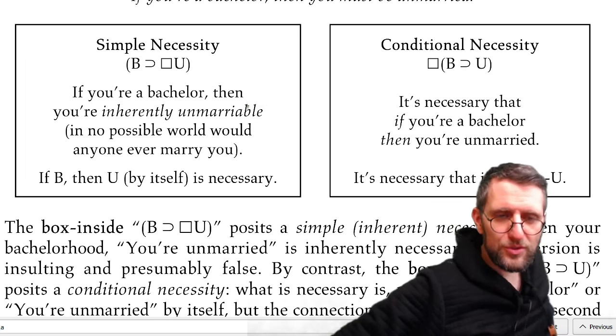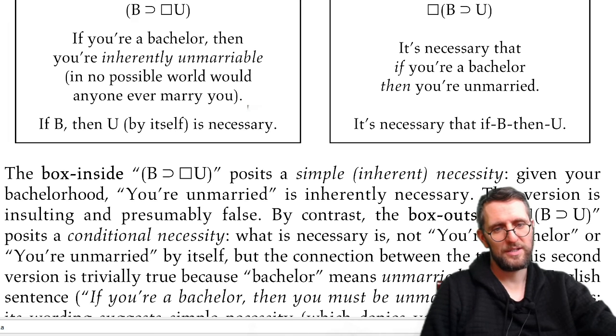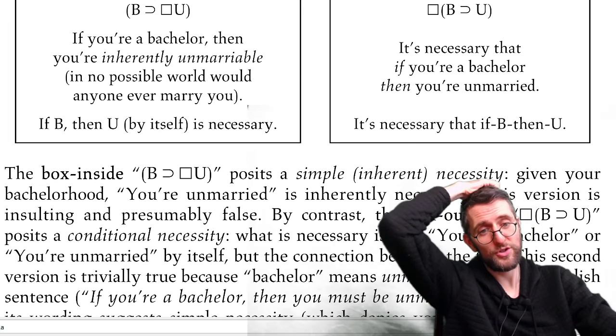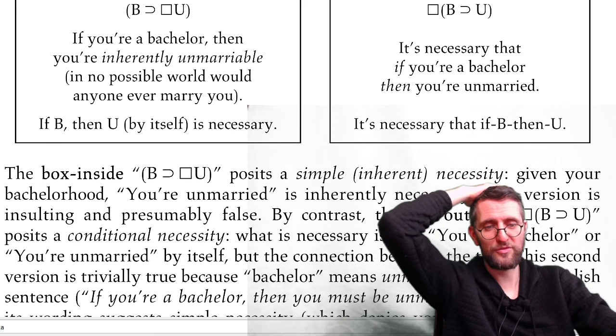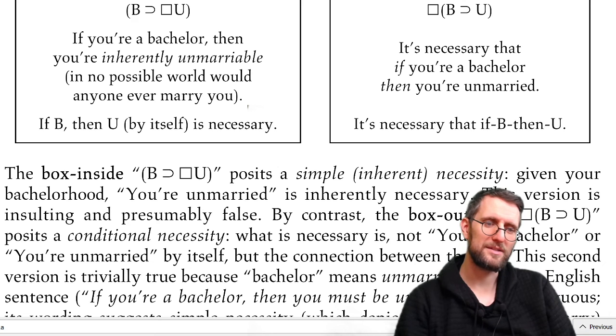So, okay, this one here is simple necessity. Given your bachelorhood, your unmarried is inherently necessary. This version is insulting and presumably false. By contrast, the box outside posits a conditional necessity. What is necessary is not your bachelor or your unmarried by itself, but the connection between the two.